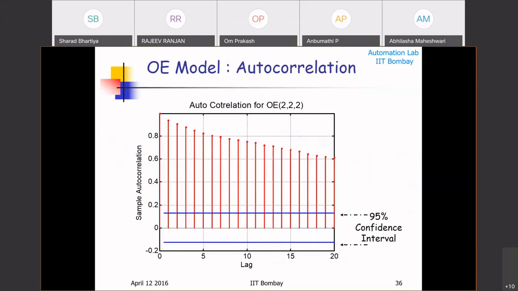Now, as I said, if you write this as y is equal to b by a times u plus e, this is my output error model. Remember, y minus b by a times u is equal to e.